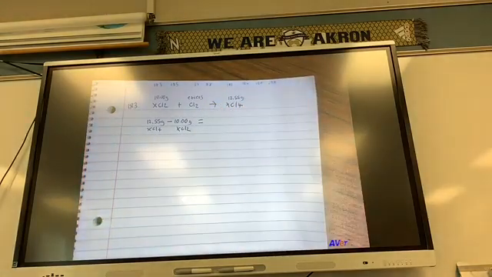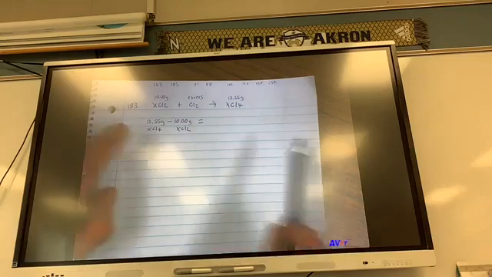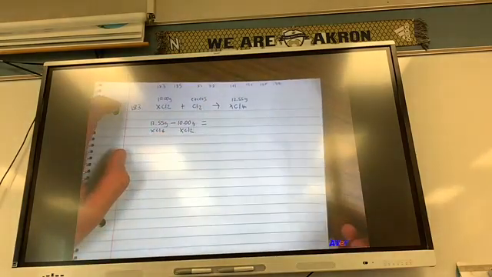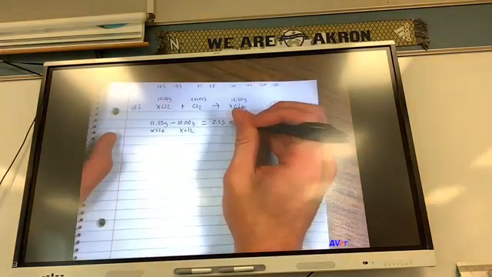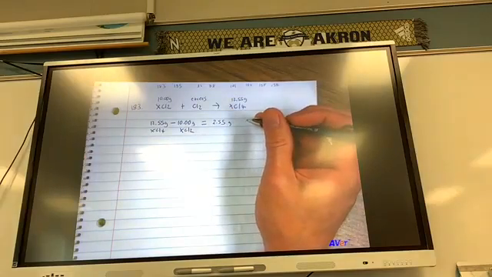Why am I able to do this? What is this going to give me? This is going to give me the mass of my Cl2, because of the law of conservation of matter. This plus this needs to equal that. Agreed? So that's going to give me 2.55 grams of Cl2.